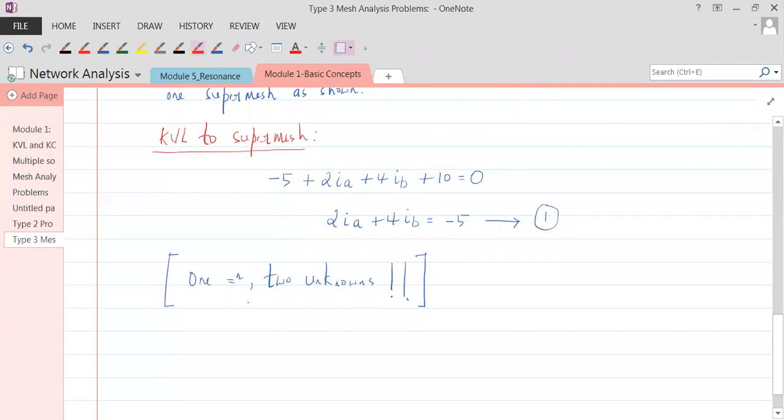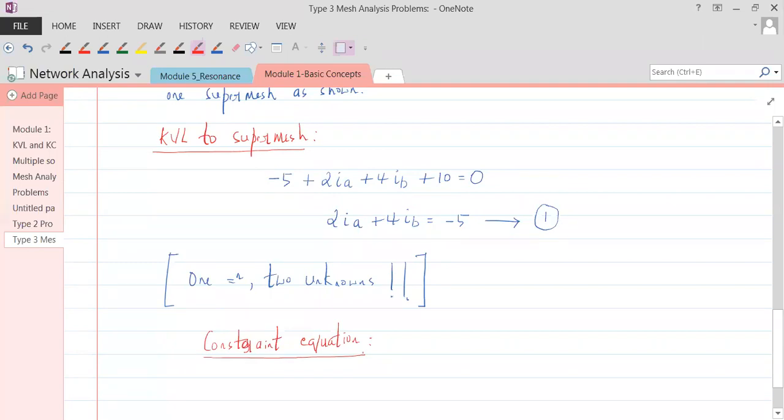Where from will one more equation come? You should obtain something called a constraint equation. What is constraint? Constraint means it's a condition without which you cannot move ahead. There is time constraint, space constraint.